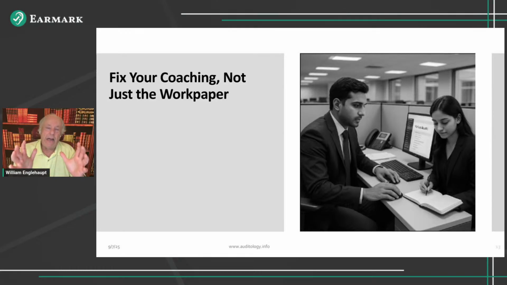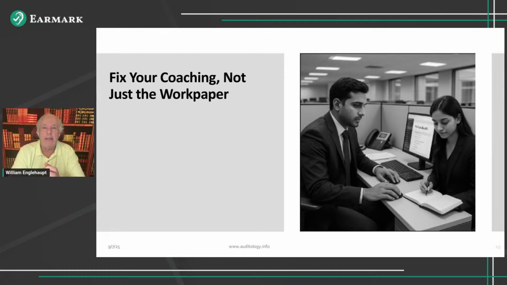And the key here is, how do we set the work up in the first place so that the individual doing the work, the associate, the senior, whoever, knows what is required of them and has a fairly high probability they're going to get the work done per the specifications in whatever shape or form those take. And that's really what we're talking about.